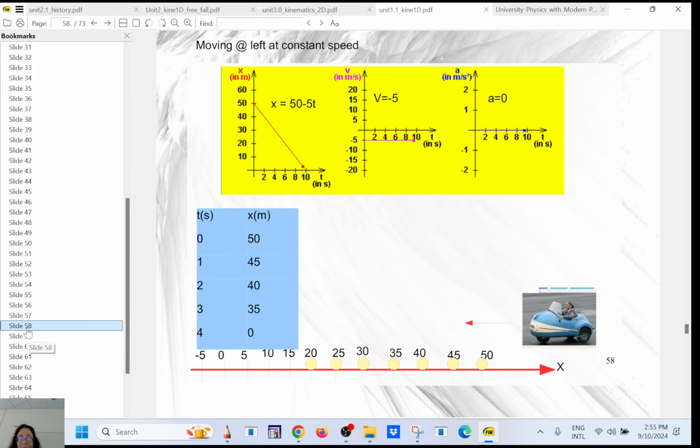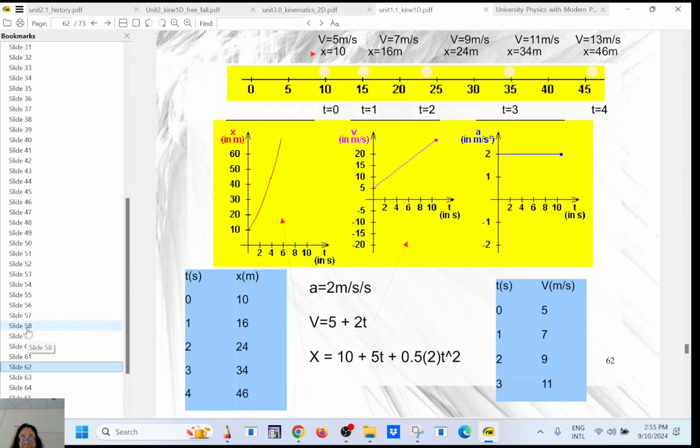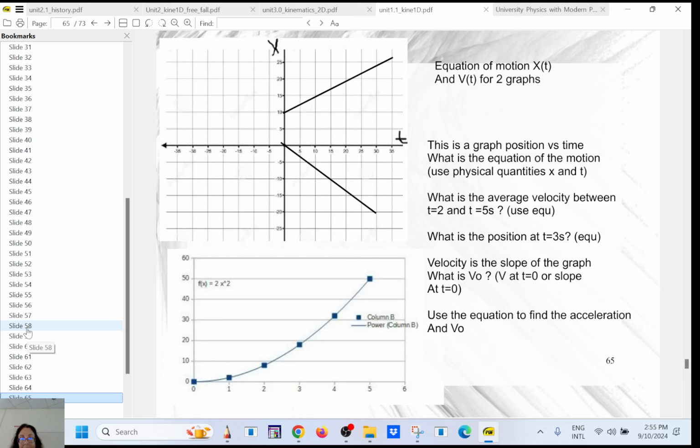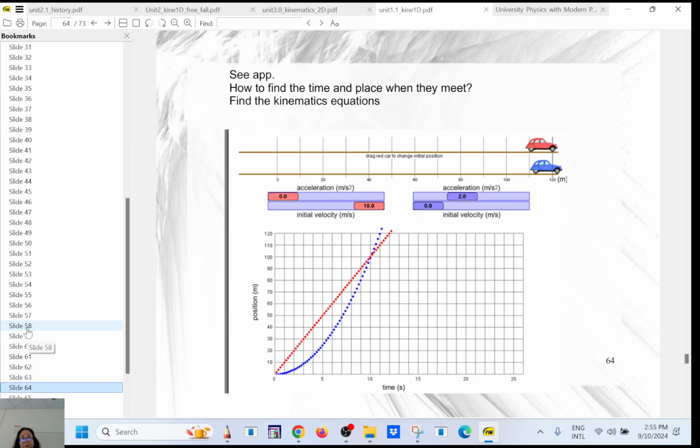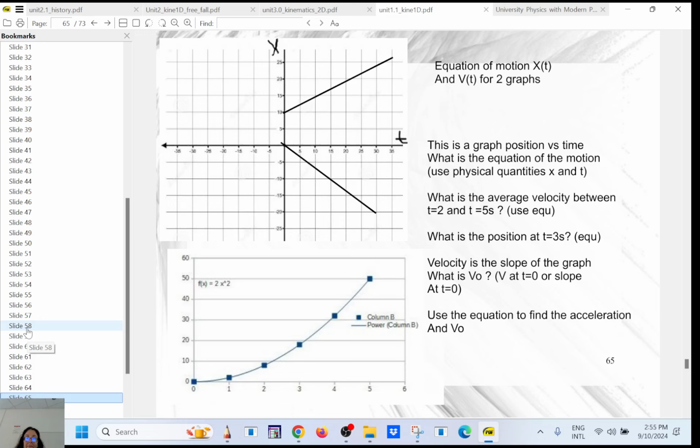I have an app somewhere, but I need to find the app and know where it is. Okay, let me find the app and why don't you try to do this one? So you need to find the equation of motion here and here. And you need to find the velocity as a function of time here and there.